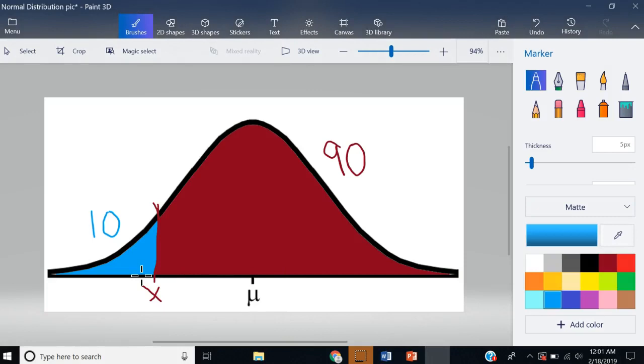What sort of area is the area from negative infinity up to my x value? It's hard to figure that out because the English language is fairly complex. So rather than trying to memorize a bunch of rules like, if it says less than, do this, or if it says more than, do this, it's a lot easier every time to draw a picture just like I did.